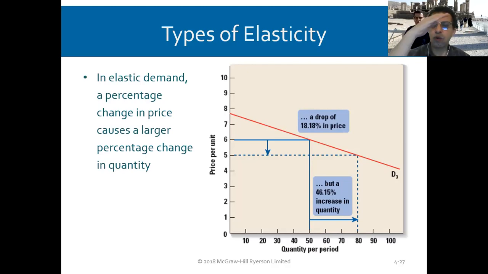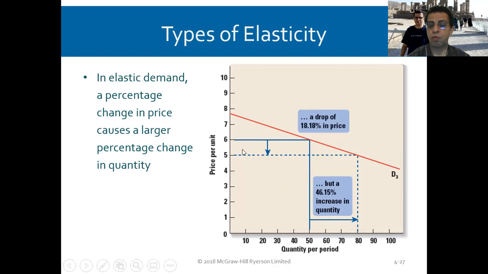Here, when you are elastic, you show extreme sensitivity to price. When you drop the price by 18%, suddenly you have a great growth of demand, almost 46%, 47% here.